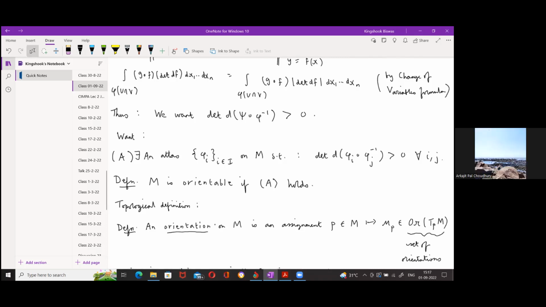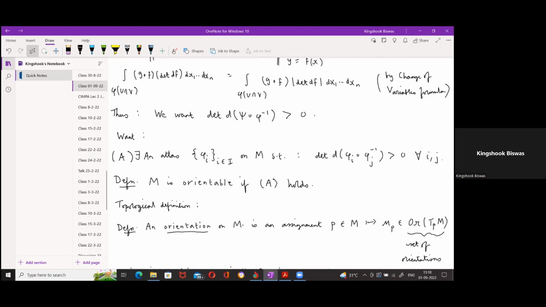So I assign this. I mean, we can push forward the orientations. I use this atlas. I just pull back the standard orientation on Rn in my charts. This is well defined because the change of charts is orientation preserving. So the change of charts takes the standard orientation on Rn to the standard orientation on Rn.